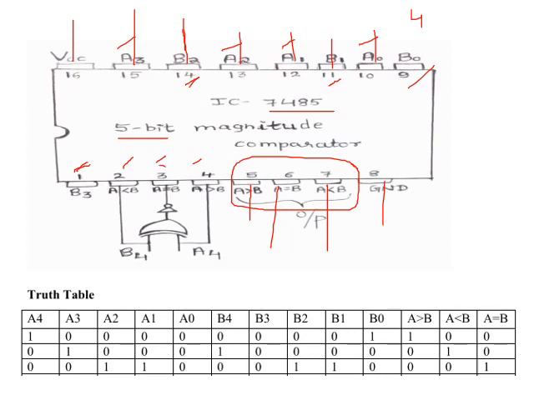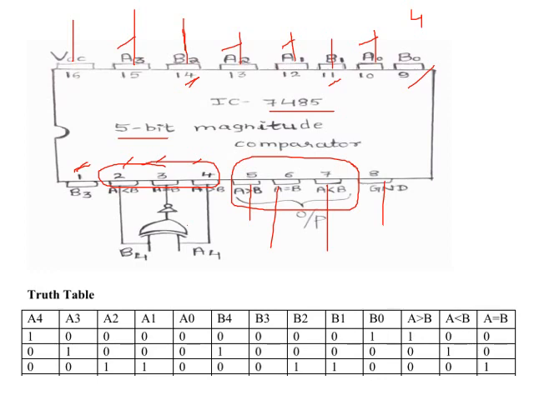So these pins 2, 3 and 4 act as input pins, wherein we can give the output of the first IC to the input of the second IC.